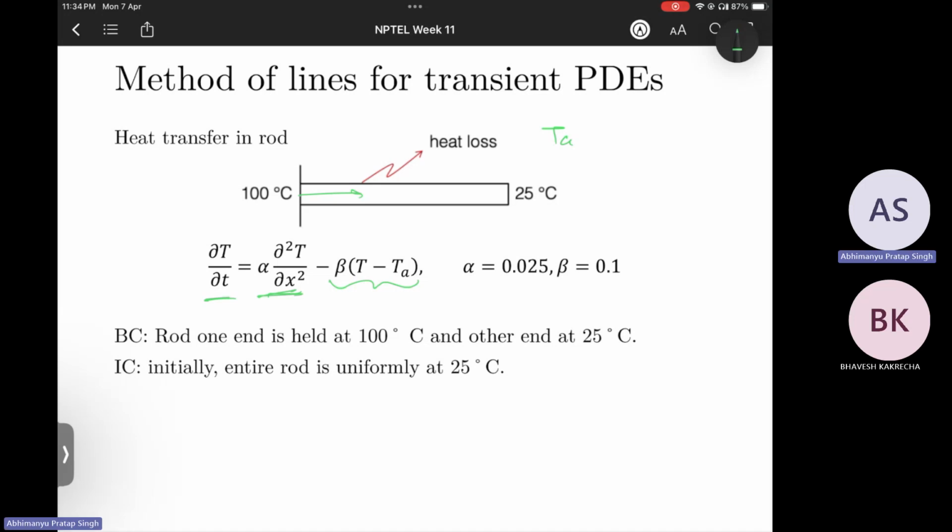What we do is discretize this domain into smaller elements, smaller subdomains. Then for a small element, we discretize this equation using the finite difference method for this straight line. So we get something like dTi upon dt is equal to alpha, and we can use any of the discretization schemes.